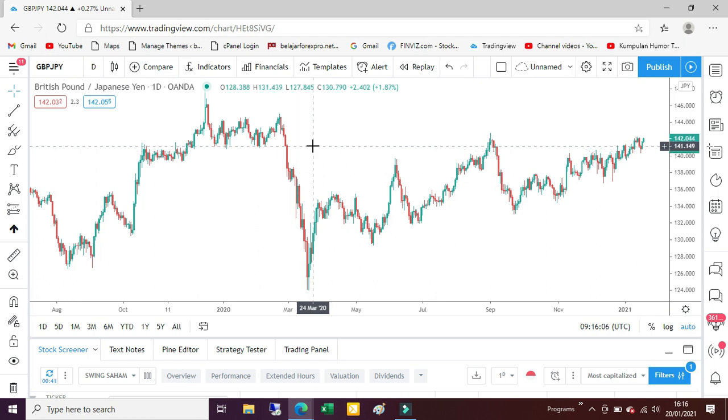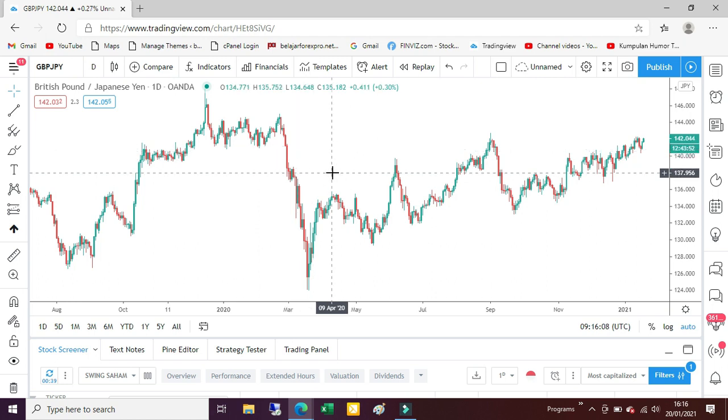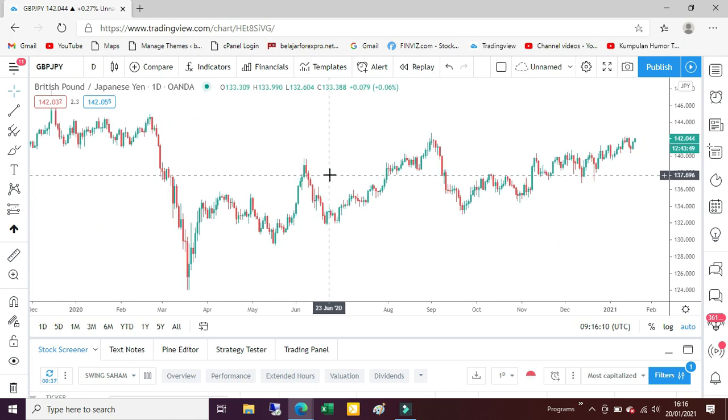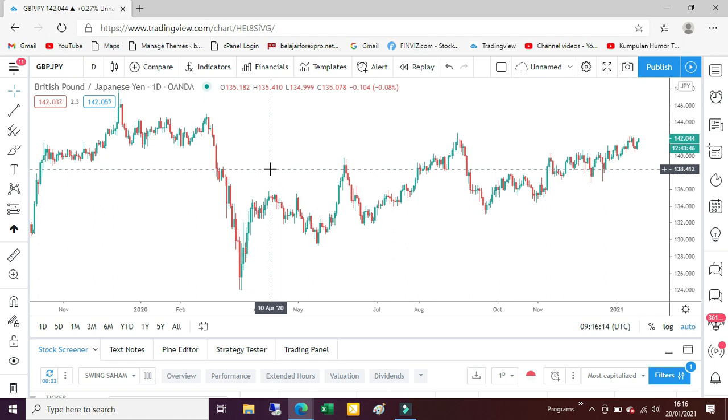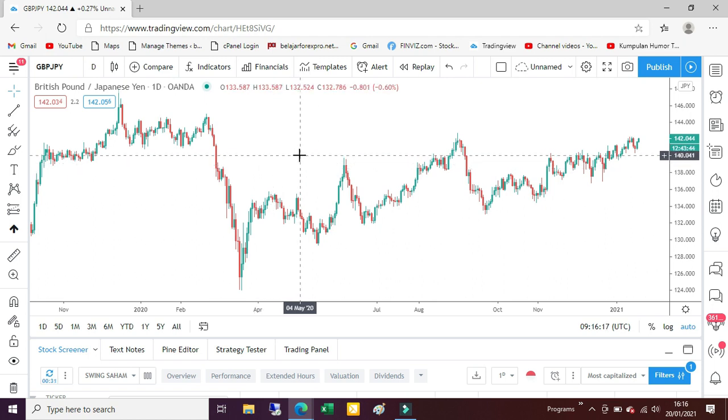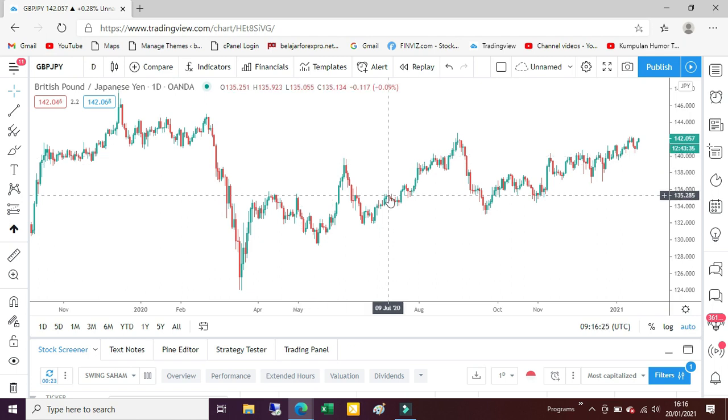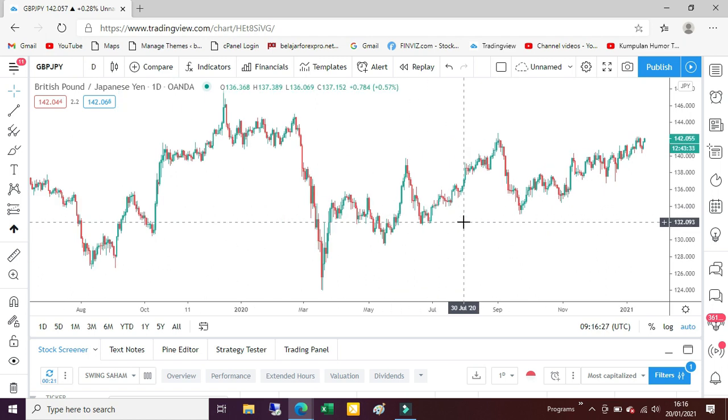First of all, I suggest you don't use the real account or real money, but you can exercise your trading skill. Use the demo account to limit your risk. Okay, now we start.